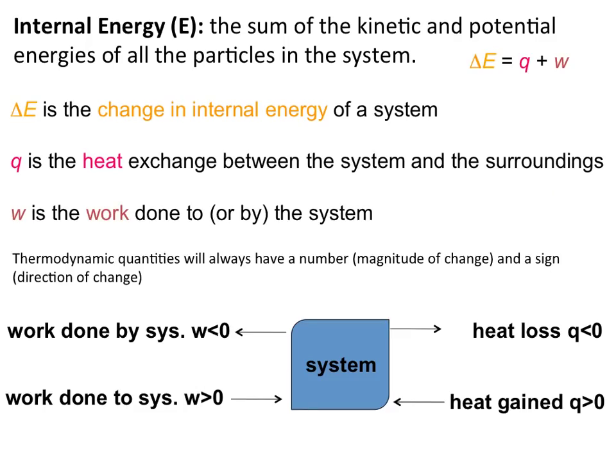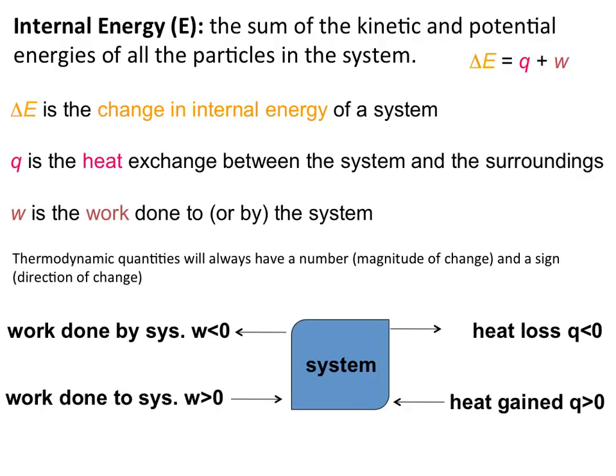The internal energy of a system is the sum of all the kinetic and potential energies of all the particles in a specific system. So whatever you're focusing on, that system's internal energy is related to all the particles' kinetic and potential energy.